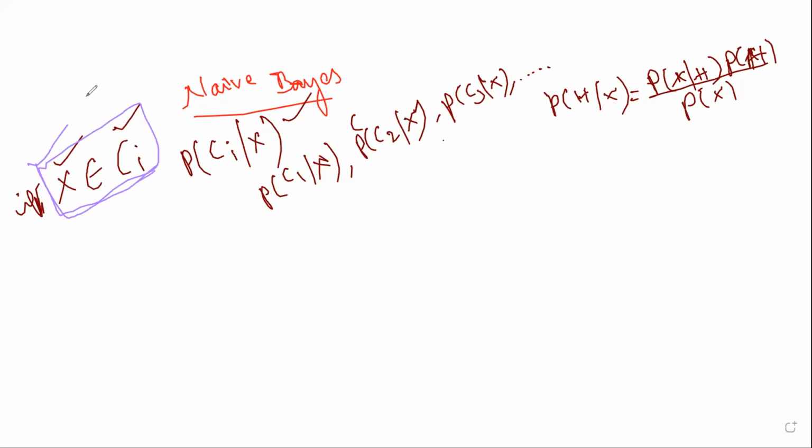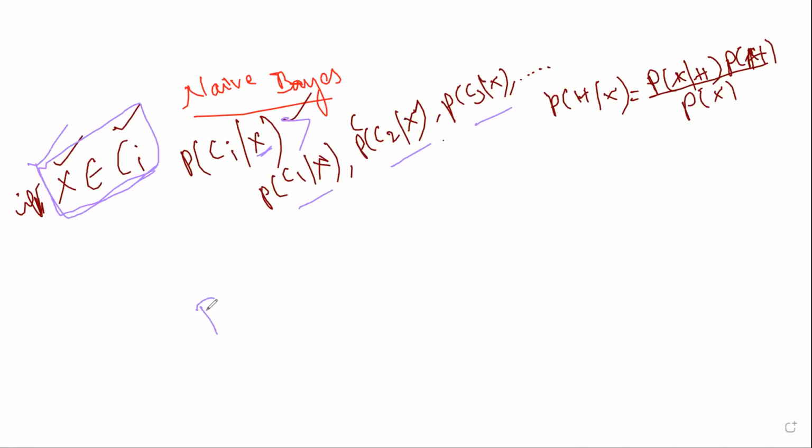What is the condition to make that true? The posterior probability of that particular class with respect to the tuple should be greater than the posterior probabilities of all the remaining classes. Did you get my point or not? So I can write it like this.